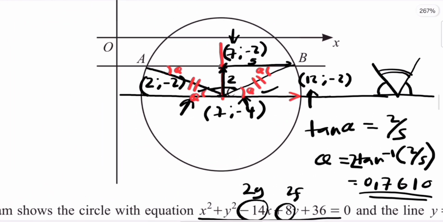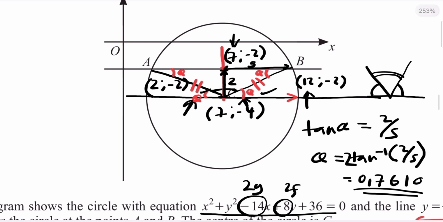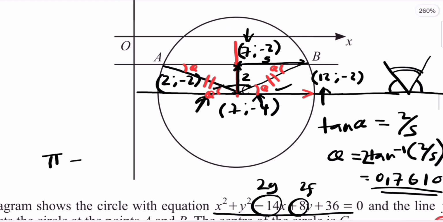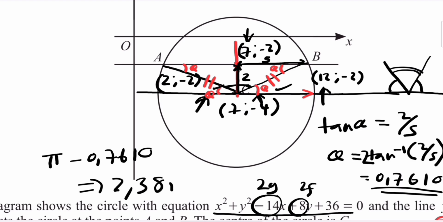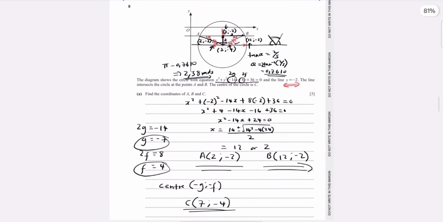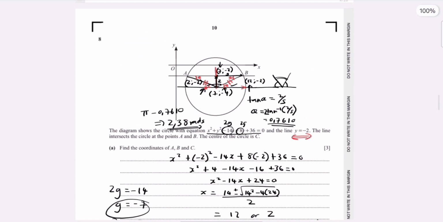And now to find the angle that we've been asked to find, we now say pi, which is 180, minus the answer that we got for the two angles, and this will give us 2.38 radians, right? So that's 2.38 radians for that angle.